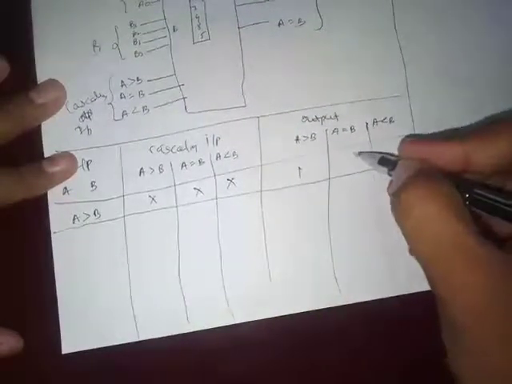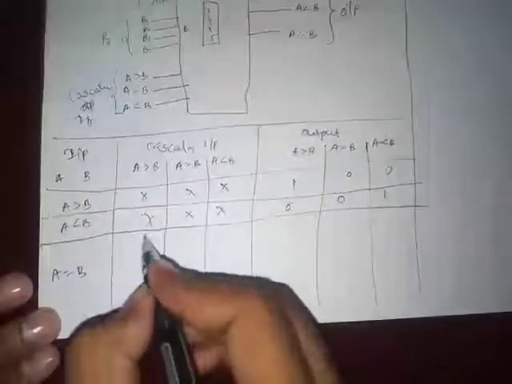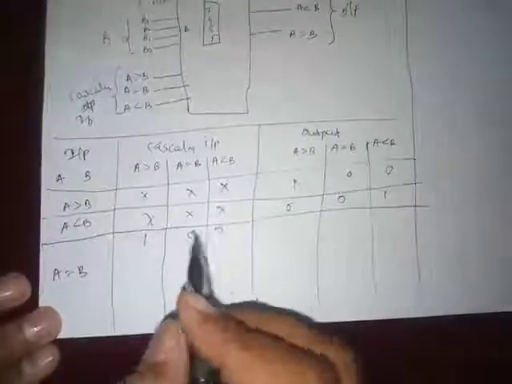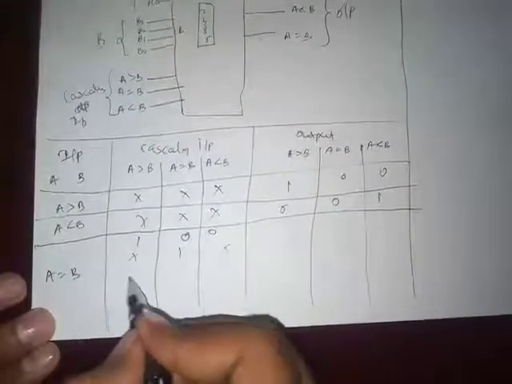Output is A greater than B: 1 0 0. For A less than B, again the cascading input will be don't care, and that condition is 0 0 1. Then A equals to B, where the output depends on the cascading input: 1 0 0, 0 1 0, 0 0 1.